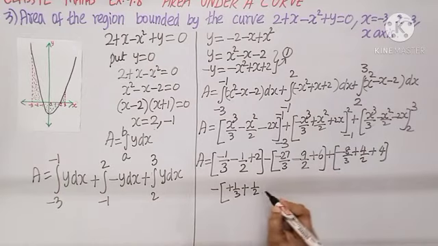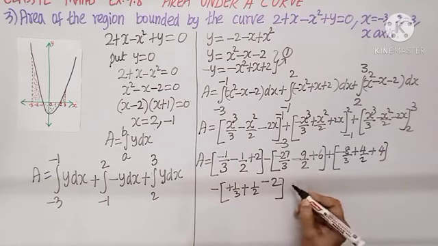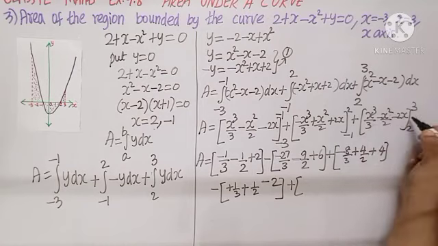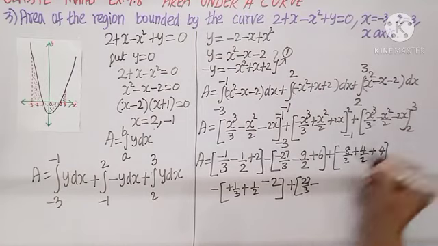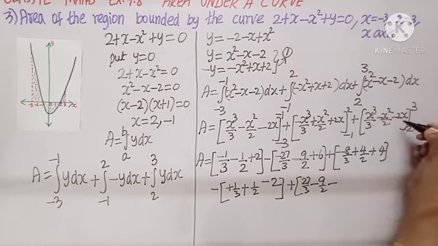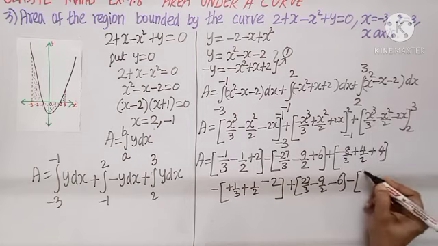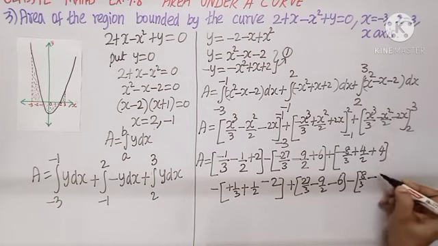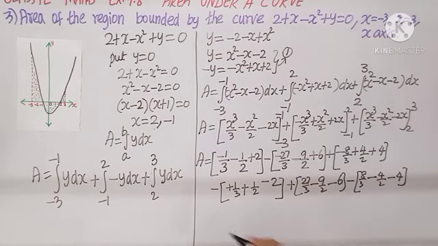Minus 1 square is 1 by 2 plus 2 into minus 1 minus 2, plus wherever x is coming, put 3. 3 cube by 3 minus 3 square by 2 minus 2 into 3. Then lower limit, 2 cube by 3 minus 2 square by 2 minus 2 into 2 minus 4.